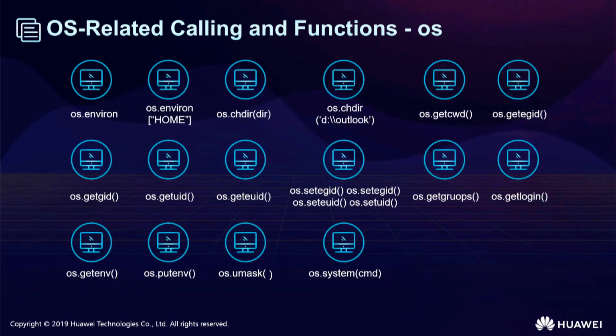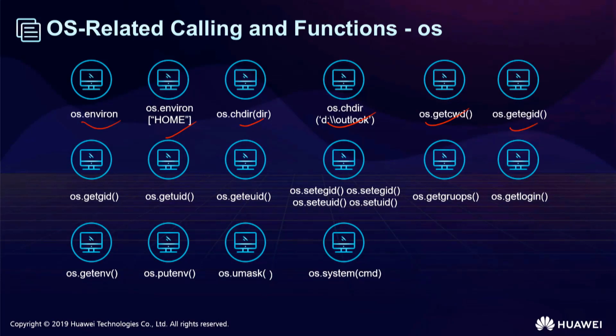Besides that, there are also many OS built-in functions. os.environ contains the mappings of the environment variables, and the home key can get the value of the environment variable home. chdir changes the current working directory, and getcwd gets the current directory.